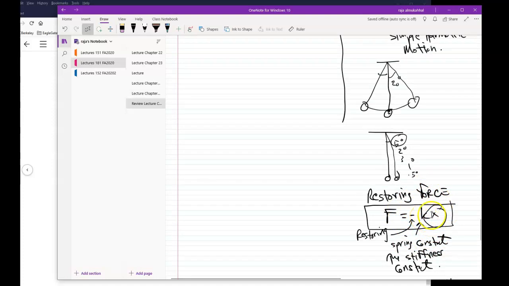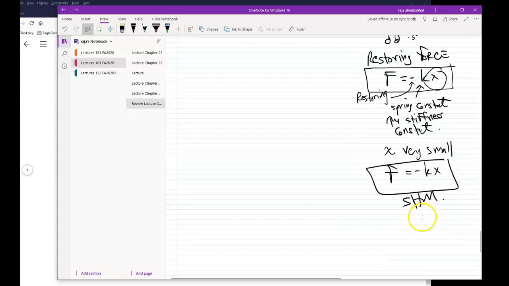He's saying we want the oscillation to be really small, which means x here is really tiny, and show that this force is a restoring force. So basically he says, show that this force is F equals Kx. Now remember, F equals Kx could apply to any SHM motion, where this K right here is not the spring constant. It could be something else, whatever the nature of it.